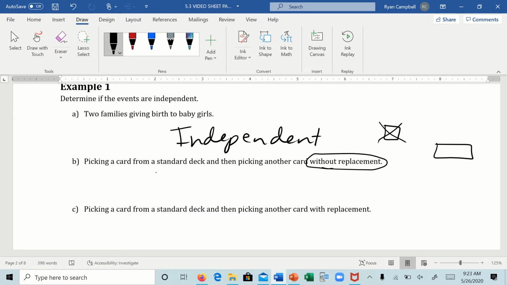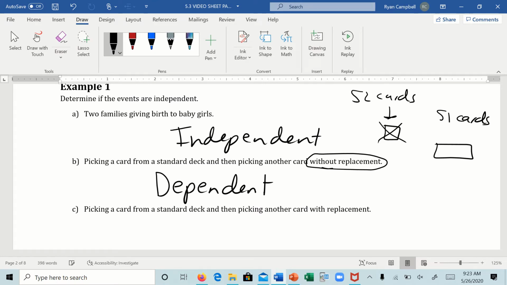So this will be dependent. Because in general, if you have a standard deck, that's going to be 52 cards. So 52 cards will be the population or the bottom number, that total for the first card. But when you pick out a second card, if it's without replacement, there's only going to be 51 cards, which will definitely affect the probability.